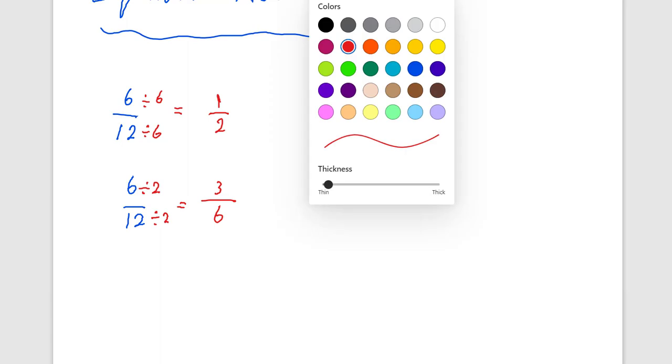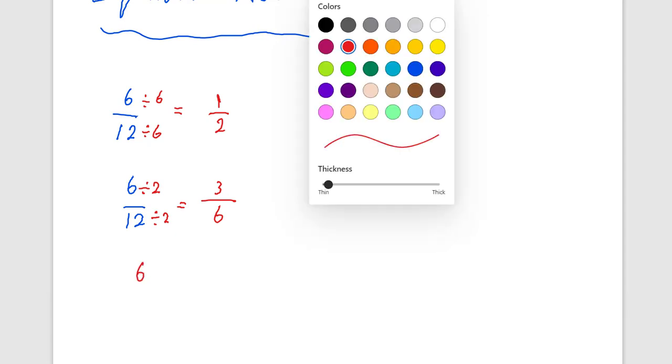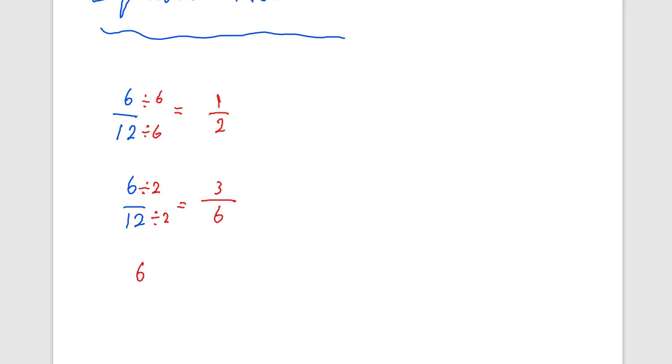And also we can divide 6 and 12, they have another common factor, which is 3. Okay, I'll change this color. So we can divide it also by 3. In this case, we get 2/4.